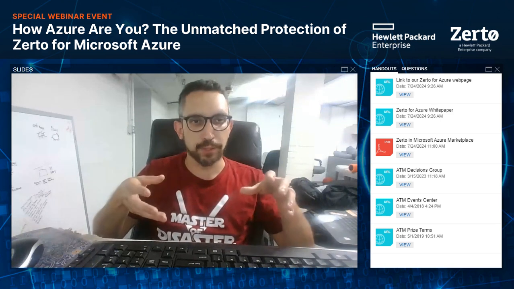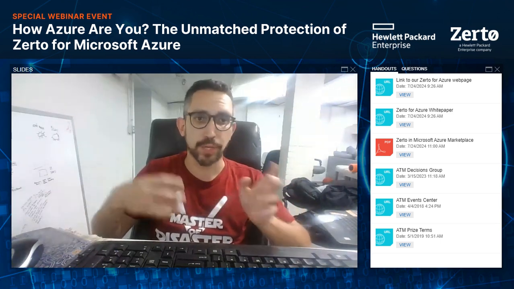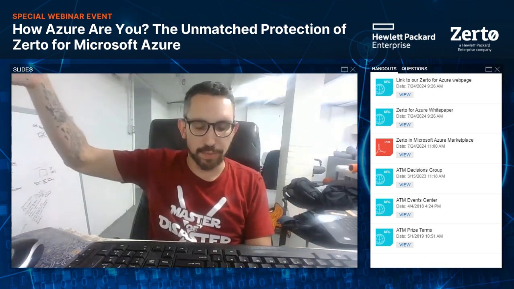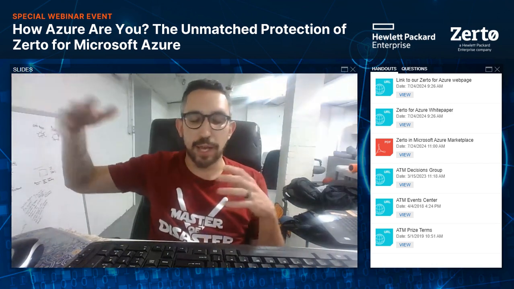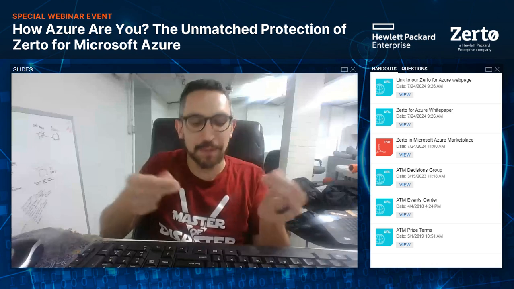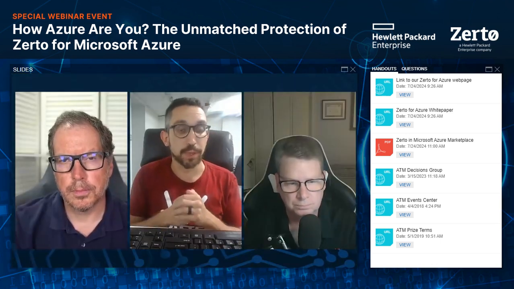So Zerto for Azure absolutely provides that straight out of the box. You're able to replicate and recover natively into Azure using all native Azure resources. And it's the same flavor of Zerto on premise, but now extended into the public cloud with Microsoft Azure.